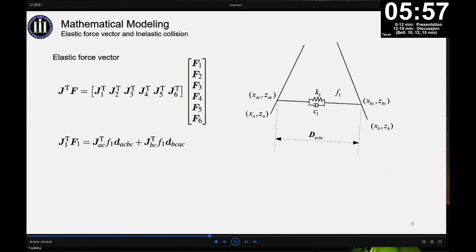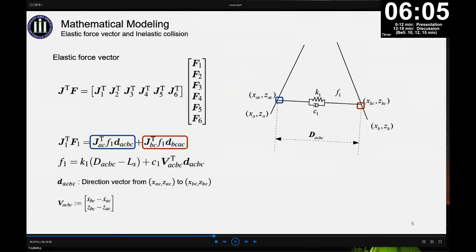As shown in this figure, the tension of the cable acts at 2 connected points, where JAC represents the Jacobian matrix at the point AC, while F1 is the magnitude of the tension, and DAC-BC is the direction of the tension. And the magnitude of the tension we use the spring damper system to represent.